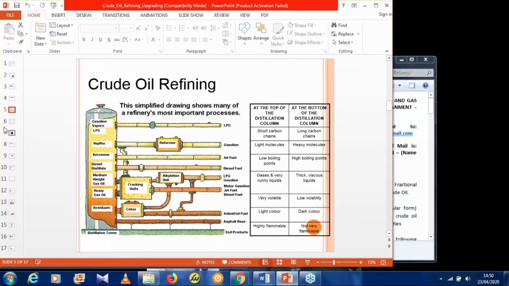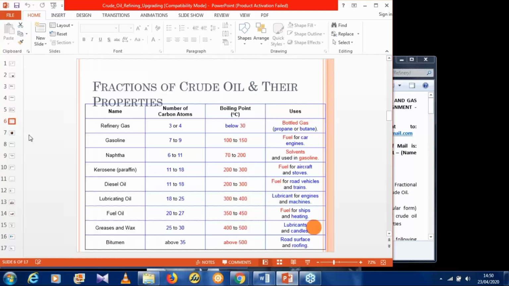That just explains what we're talking about. Now, these are the fractions of crude oil and their properties. Remember, we said crude oil is made up of hydrocarbons. Now, depending on the number of carbon atoms, that's what will determine the kind of component that the crude oil yields.